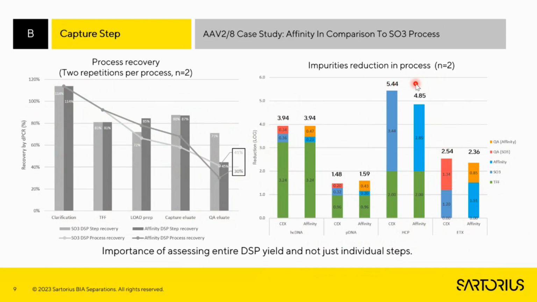One exception, however, was the HCP. In all of the cases, the cation exchanger achieved approximately half a log more removal compared to the affinity. So really, this shows the importance of assessing the entire downstream process yield and not just the individual steps.